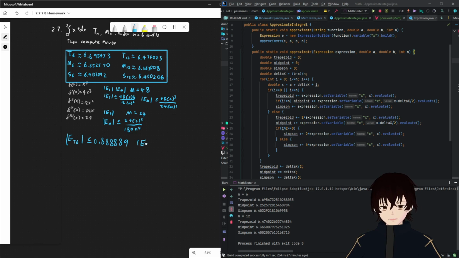Error of T with n of 12 would be less than or equal to 0.222222.